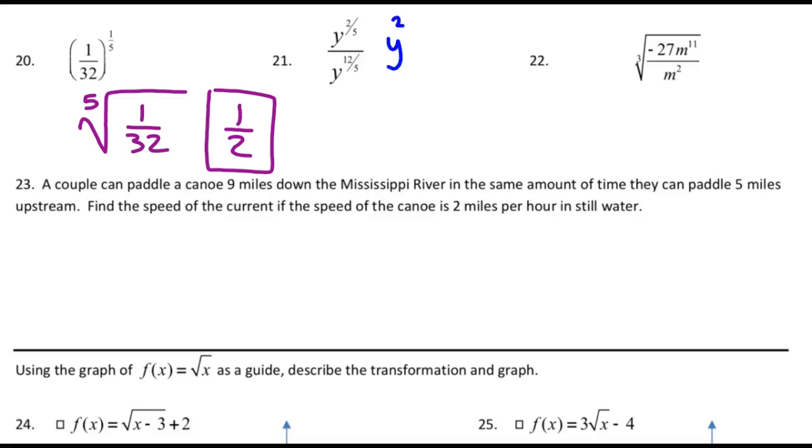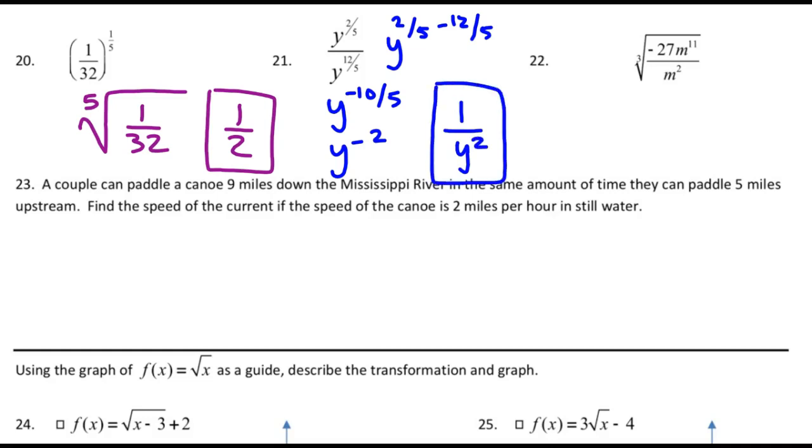So it's y to the 2/5 minus 12/5, which ends up being y to the negative 10/5. And y to the negative 10/5 is the same as y to the negative second, which is the same as 1 over y squared. We are not in Kansas anymore.